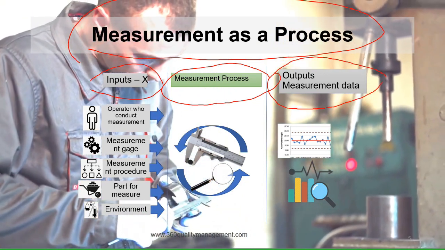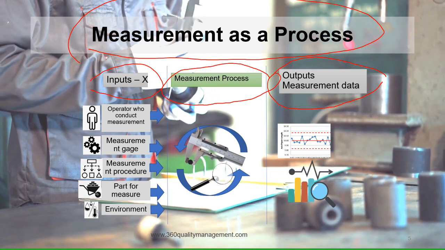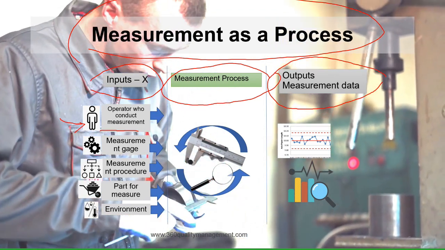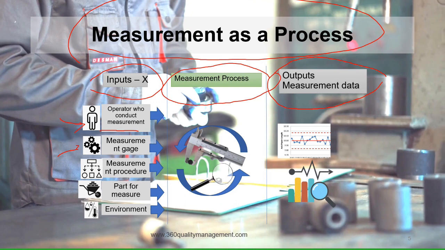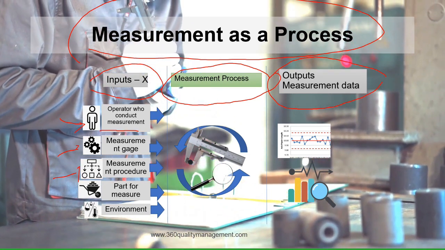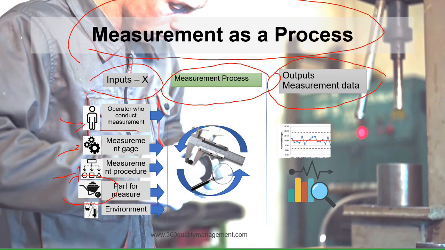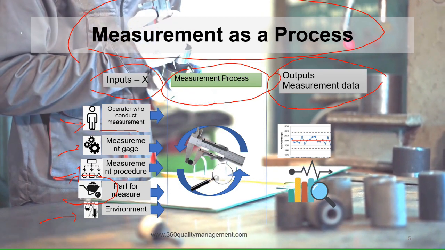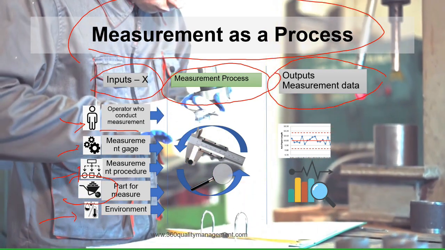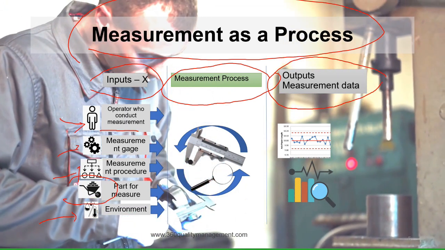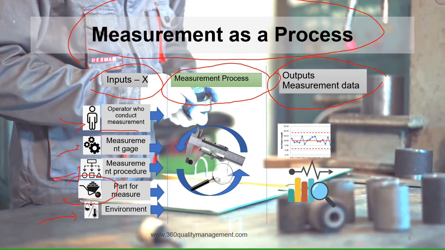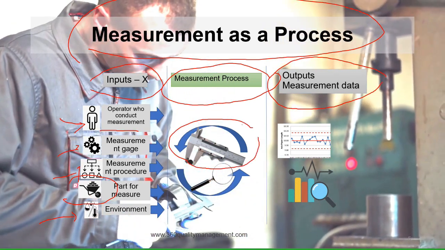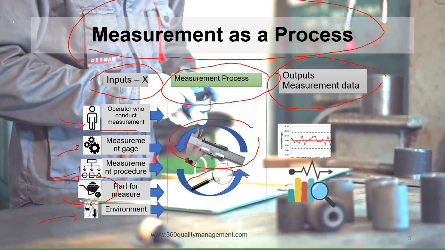The process inputs of a measurement process consist of an operator that conducts the measurements, the measurement gauge or the judgment, the measurement procedure itself, the parts or the samples for measures, and also the environment that it is measured, such as the lighting condition could be one of them, and the instruments that are used for measuring or the measurement process itself, which could be a measurement gauge or a judgment.